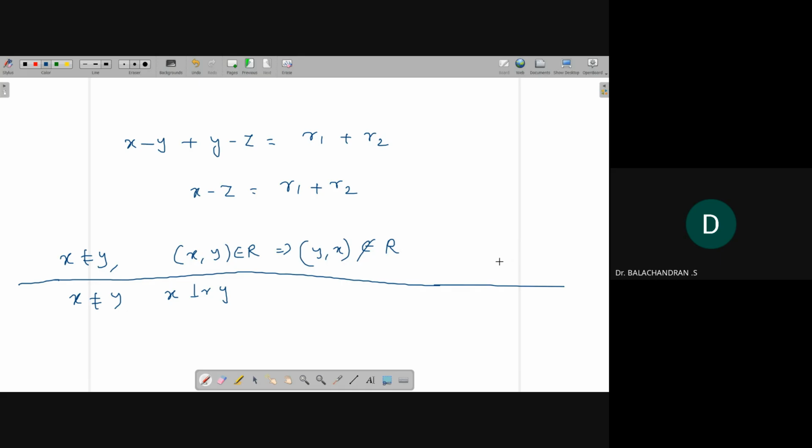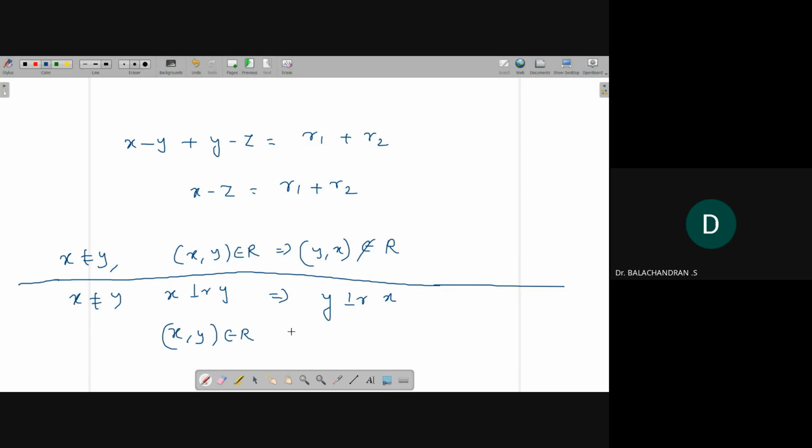So I'll take two lines, x and y, two different lines. So x is perpendicular to y implies y is perpendicular to x. Here x and y are two different lines.